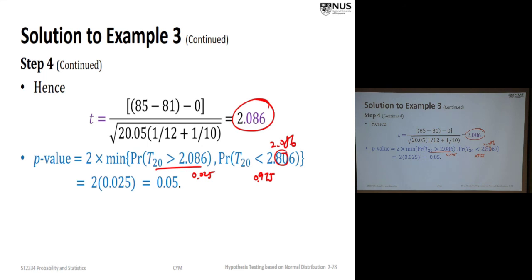So this number is less than 10%, less than 0.1. So we reject the null hypothesis, or this falls in the rejection region. So we reject the null hypothesis.